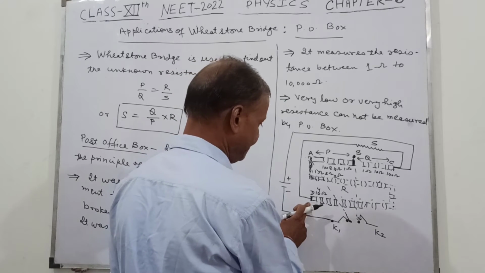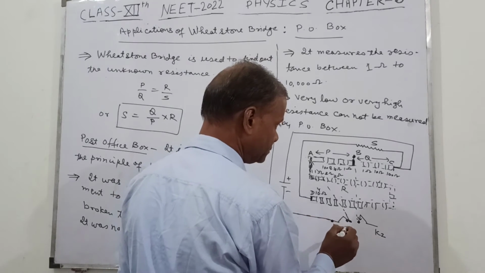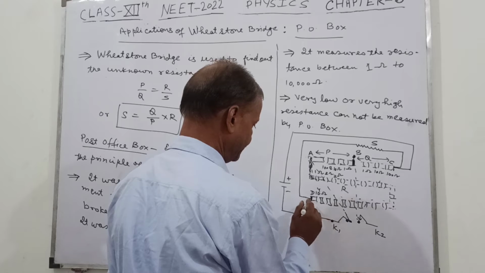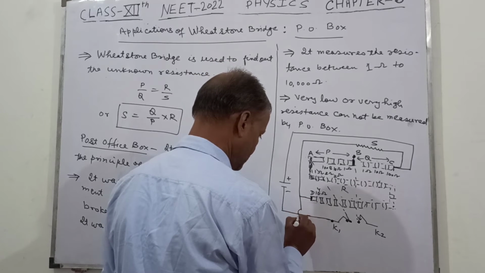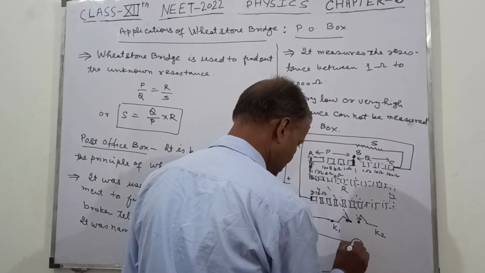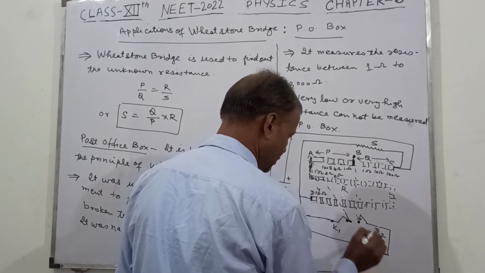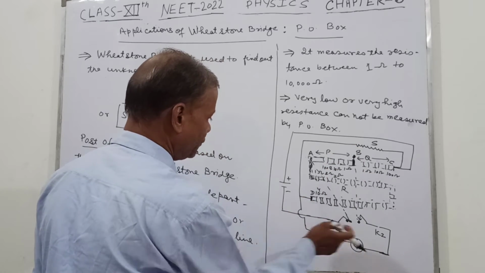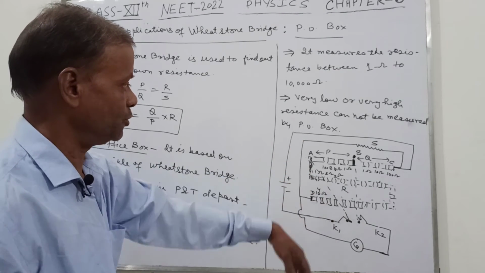Here we are having a galvanometer. B from here and D from here. This is all about the circuit of this post office box.